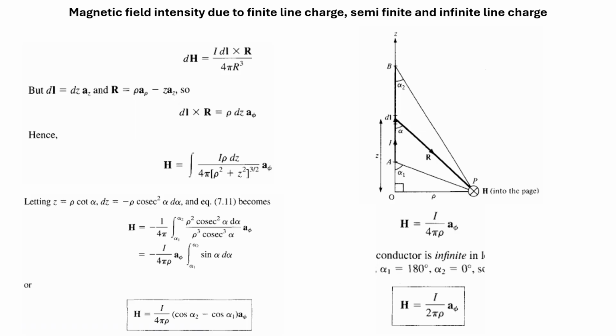Now, magnetic field intensity can be found for finite, infinite, or semi-infinite line charges. So here, suppose there is a finite line charge A and B, and we want to find the magnetic field due to this finite length A and B at point P. How can we find it?